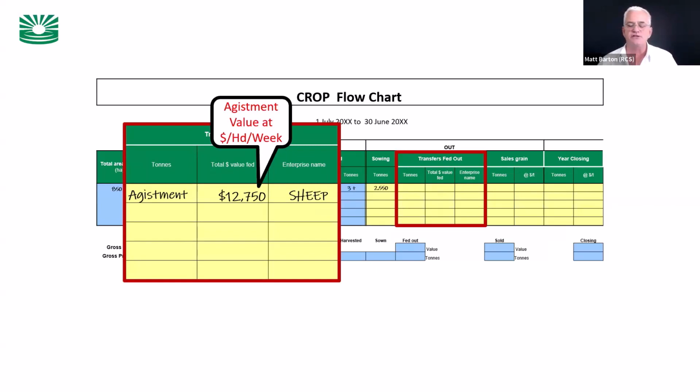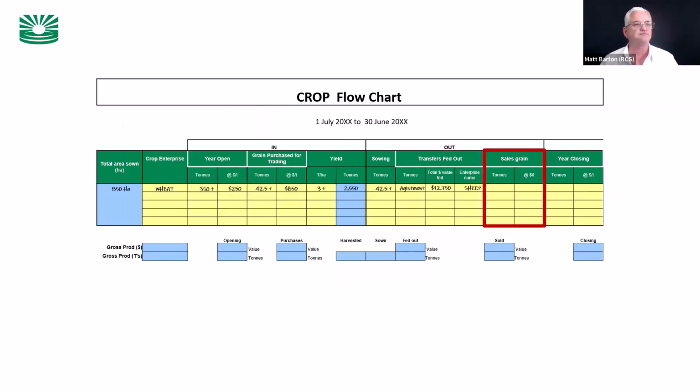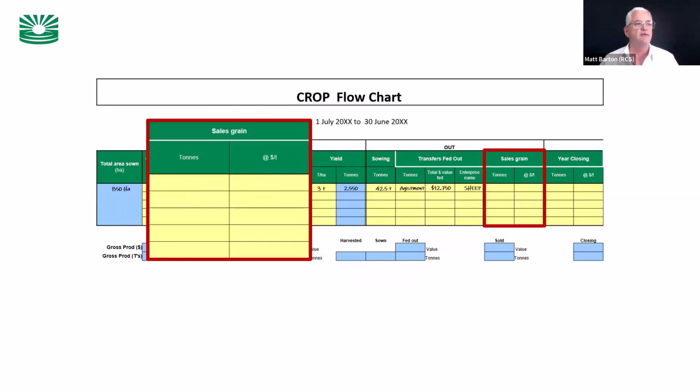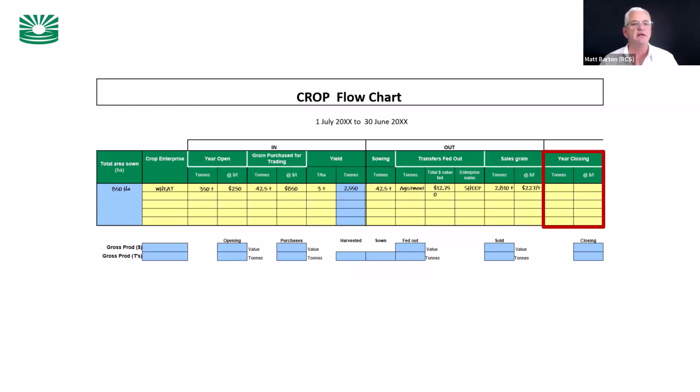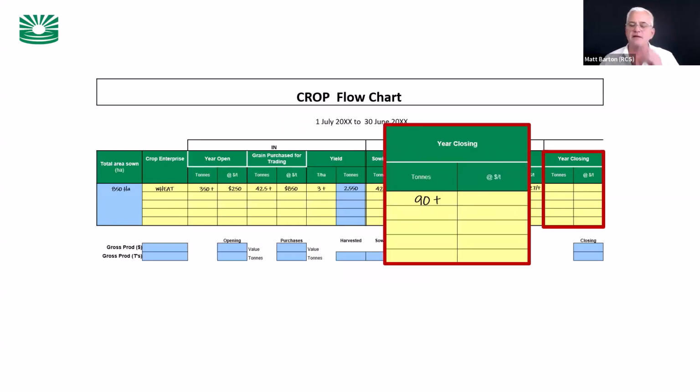So in this case, the sheep were run on the stubble paddock between crops. The sheep must pay the cropping enterprise for that grazing. And then we have our sales and our price, and then that will leave us with the closing. How much is left in the silo at the end of the period or at the end of the year at current market value?